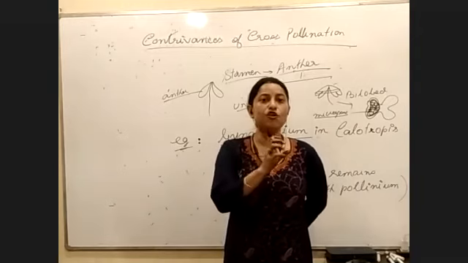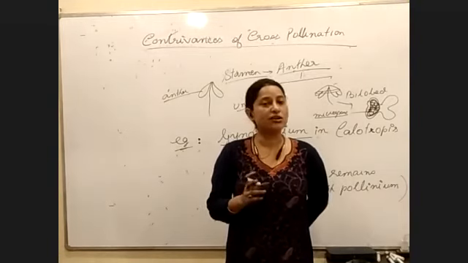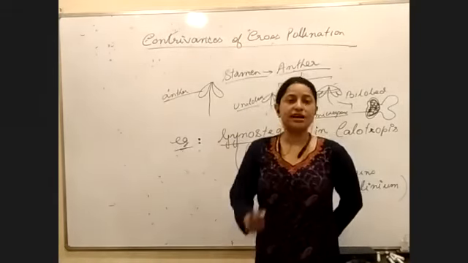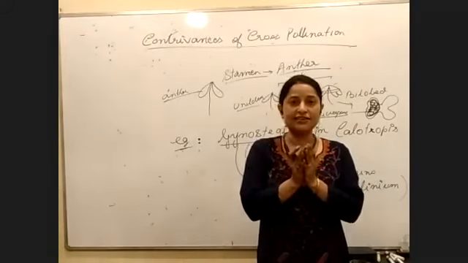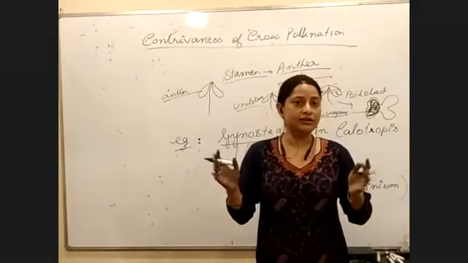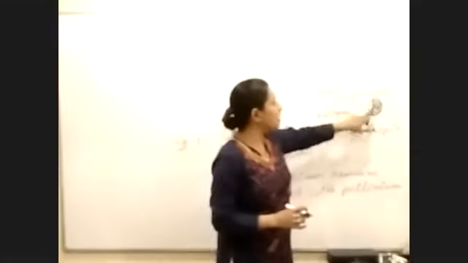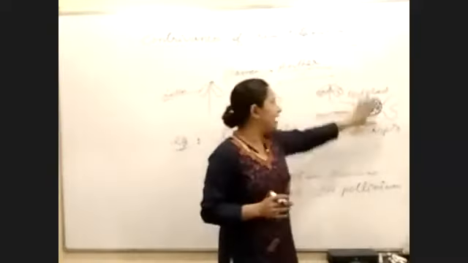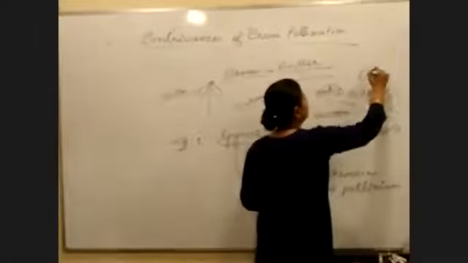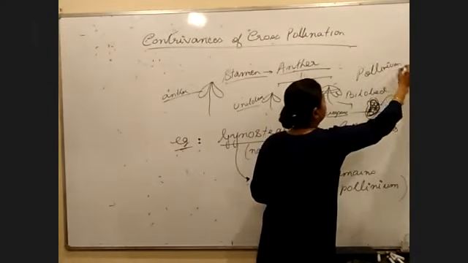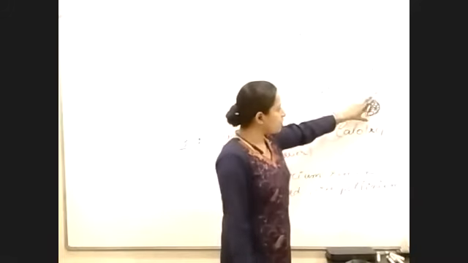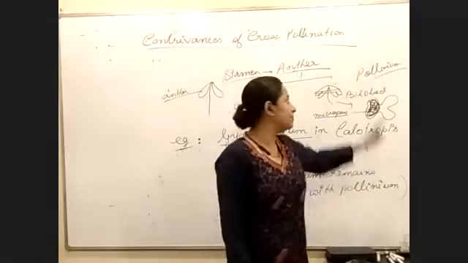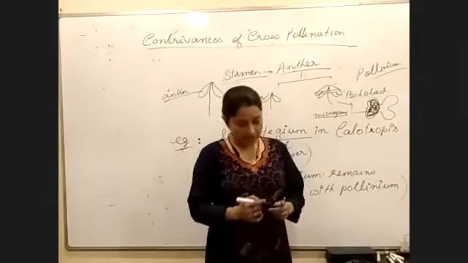The tetrad of microspores remains fused with each other, and later they separate. But sometimes all the microspores in one anther lobe do not separate and remain fused together, and this is what is called pollinium. All the microspores of one anther lobe remain fused with each other, that is what is called pollinium, and pollinium is commonly seen in orchids. Is it clear now?